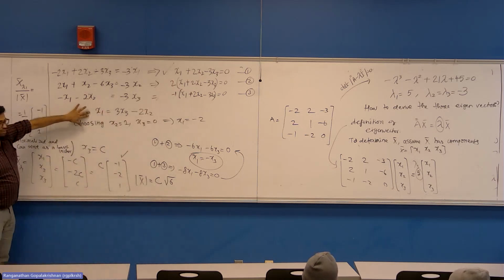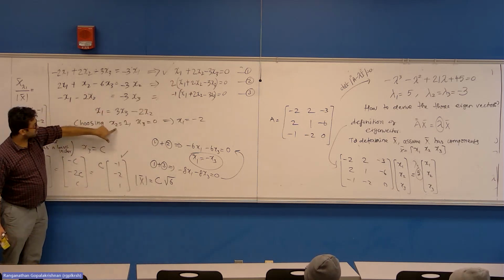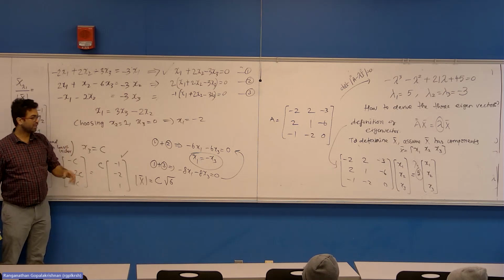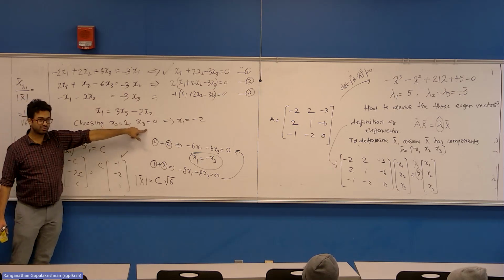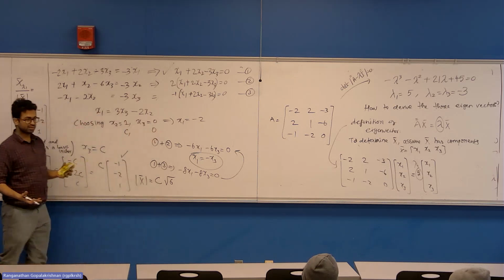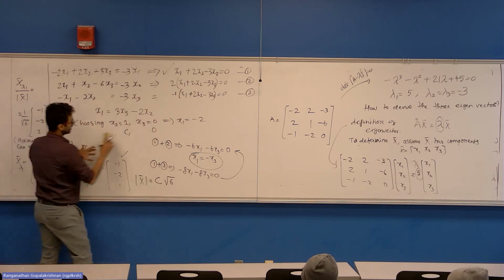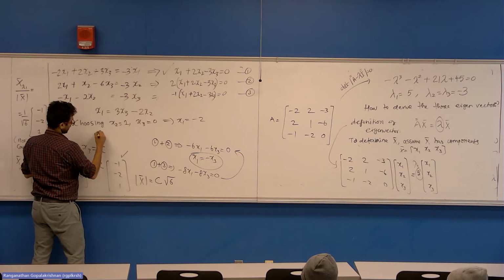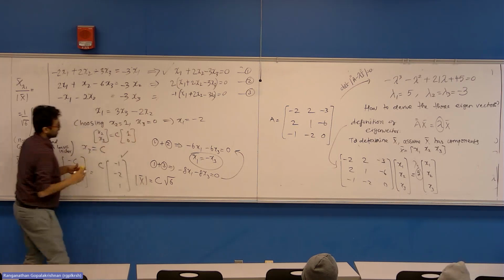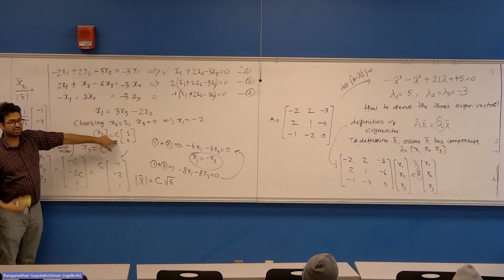So when you write it this way, you should make choices for x2 and x3 which are linearly independent of each other. Meaning, if you made a choice 1, 0, making another choice like c, 0 doesn't make sense, because c times 1, 0 for any value of c is the same choice.